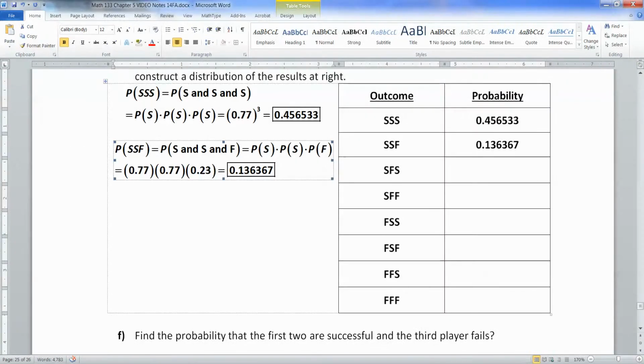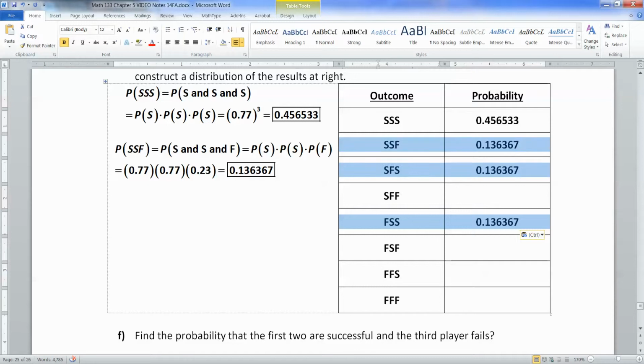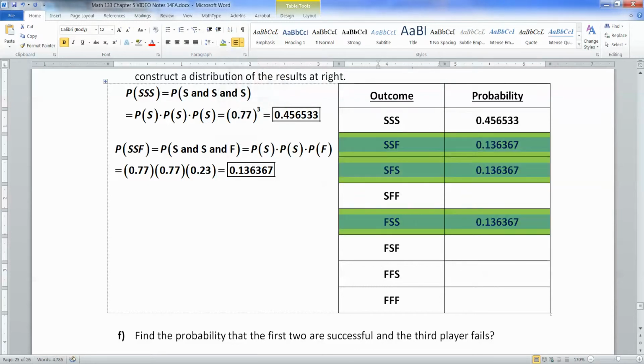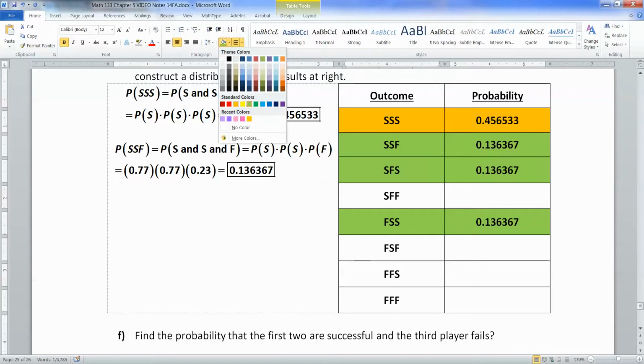Okay, so that means I needed success, success, fail should be here, but it should also be here, and it should also be here, because each one of these had one failure and 2 successes. Let me highlight these ones for you. So let me put them in like a green color so you can see. And this one is going to get orange.